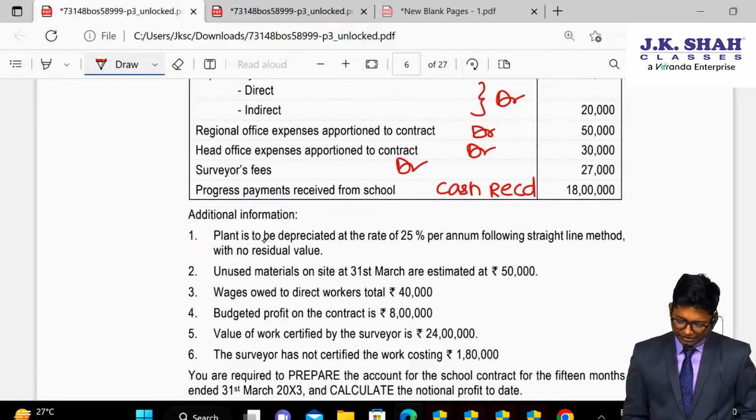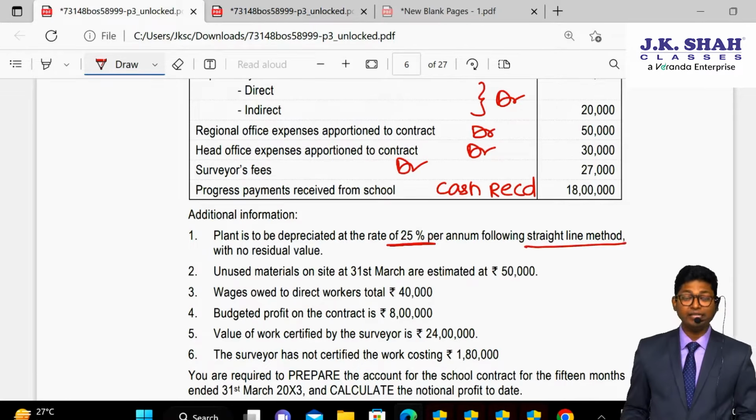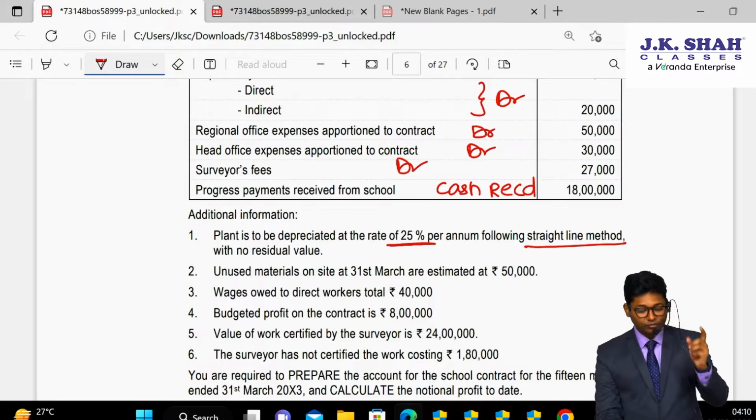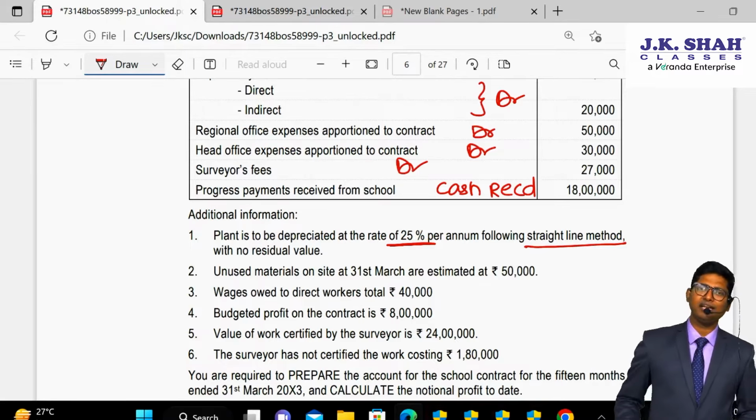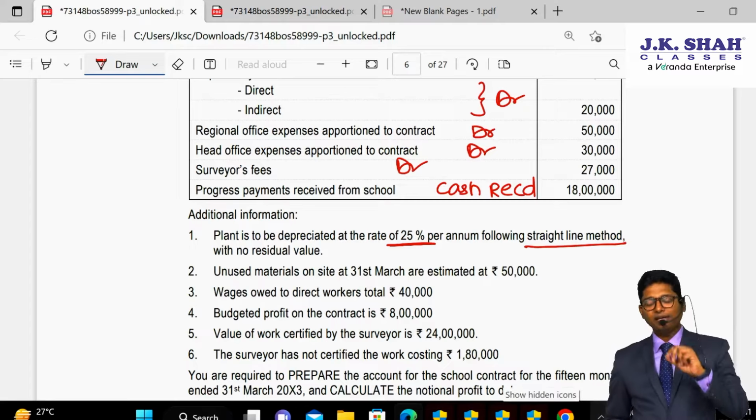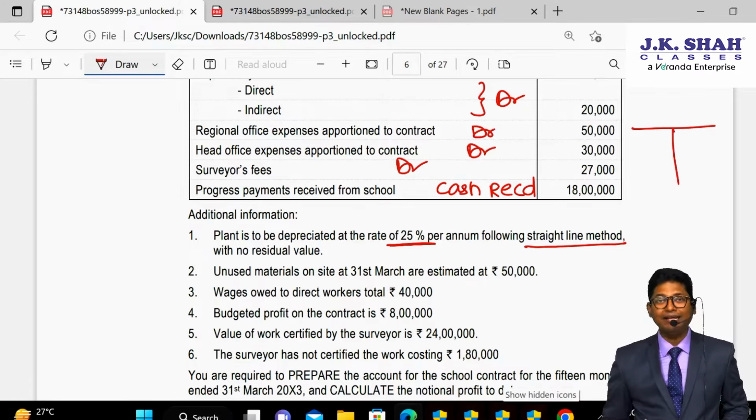Additional information says plant is to be depreciated at a rate of 25% per annum following straight line method with no residual value, means scrap value is not there. Now try and understand, when you charge depreciation, there are two methods of showing depreciation.